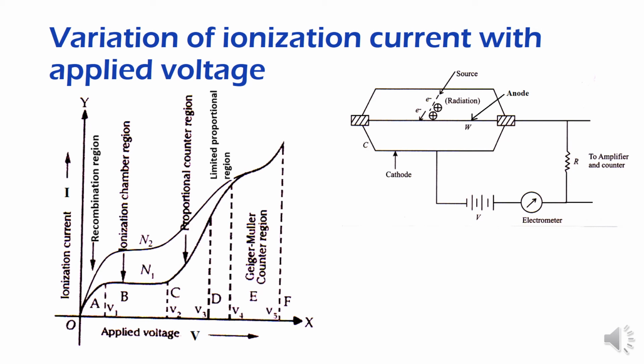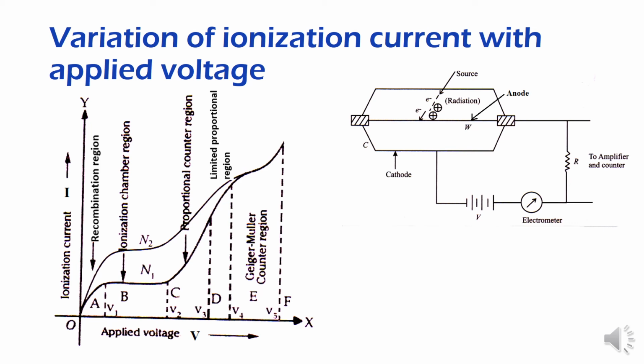As a result, the electron will rush towards the anode, and the secondary ionization takes place with a higher speed, and within no time the secondary ionization will spread in the entire chamber, and we are going to notice the secondary ionization all along the length of the anode.